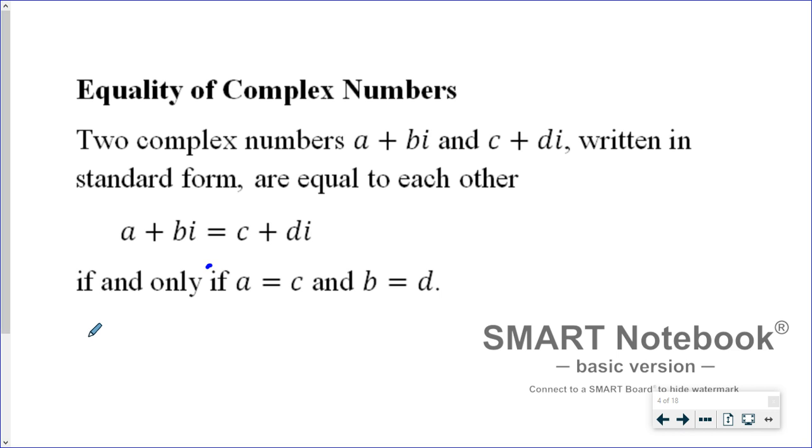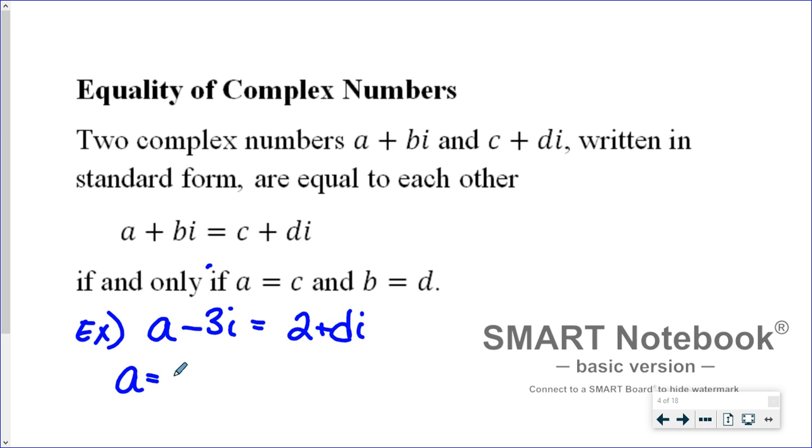All right, so a very easy example here. If we have a minus 3i is equal to 2 plus di, what does a have to equal here?